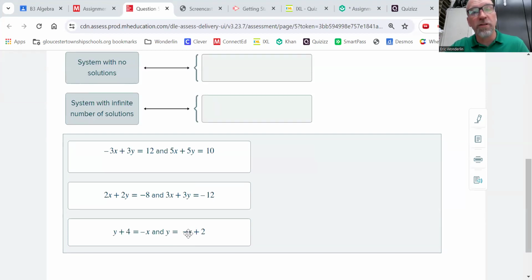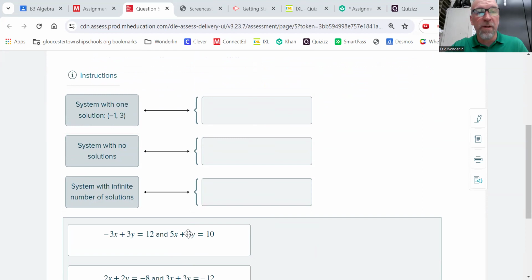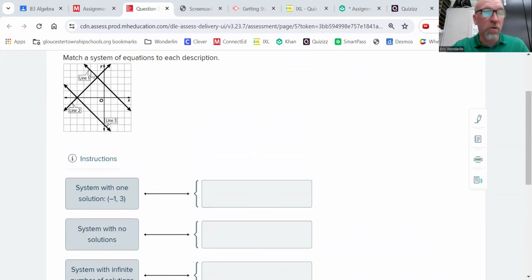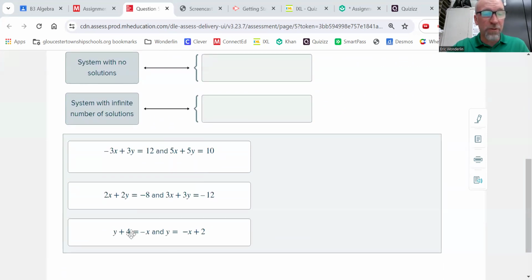So I got to do some conversions to see what's what. But I know that this one is going to be line 1 and line 2. I know that this one, no solutions, is going to be line 1 and line 3. So let's do the easiest one first. I'm going to do some converting on this bottom one. This equation is already slope-intercept form on the right.